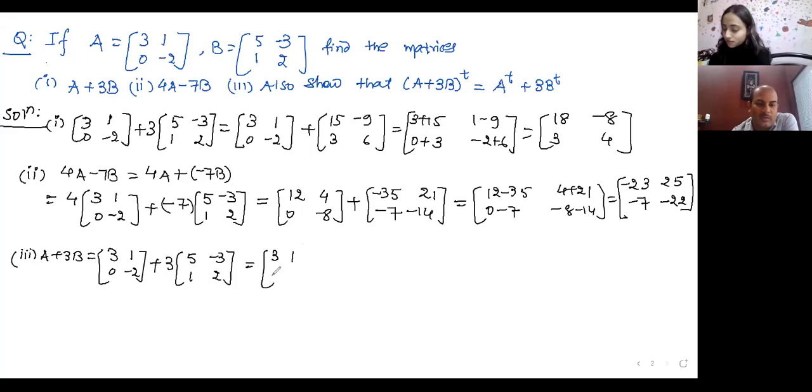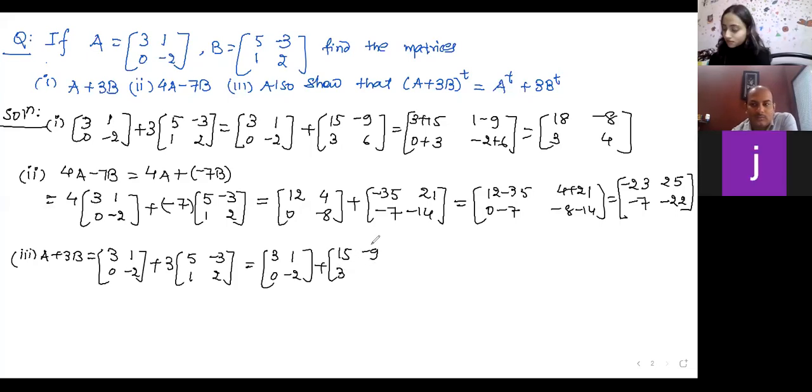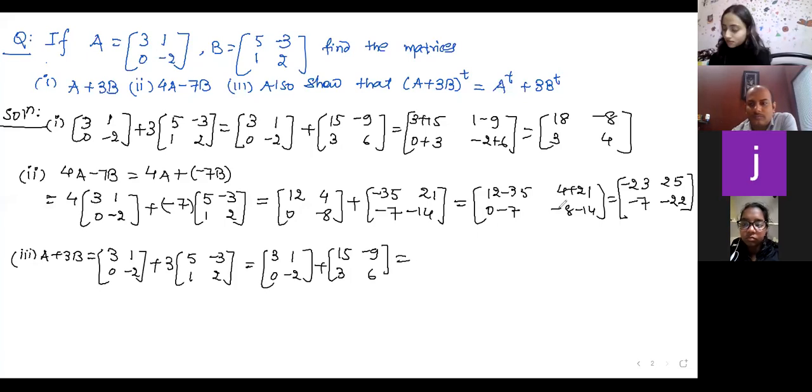It's 3 1 0 minus 2 plus 5 3 are 15 minus... We got this in the first one, the same A plus 3B. Okay, fine. Now I'll write the result here. So the resultant, I'm simply writing the resultant as 18 minus 8, 3 and 4.